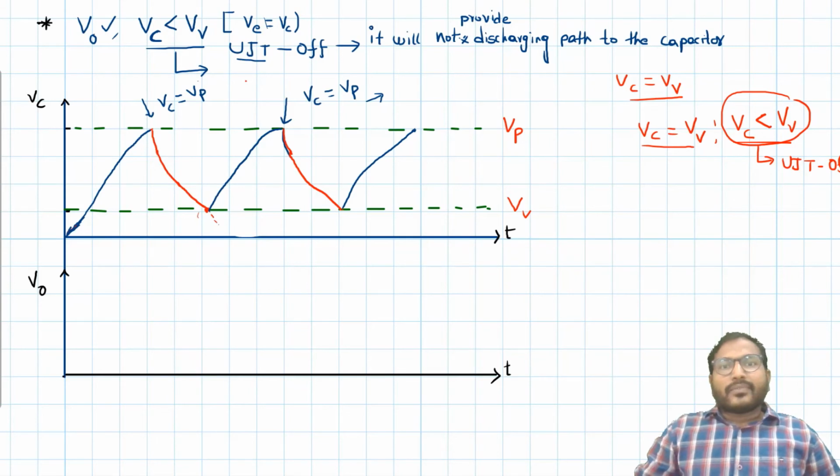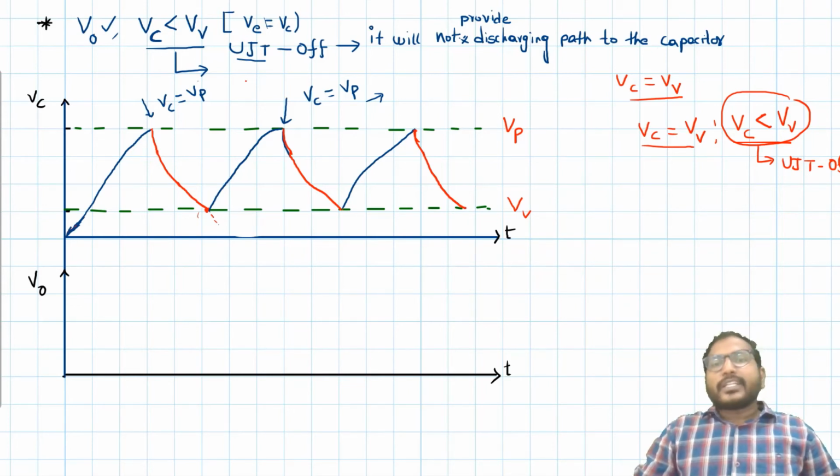So again when VC reaches VP, the UJT turns on and the capacitor starts discharging through the UJT. This is the charging and discharging process of a capacitor. When the capacitor is charging, a very important point, the time constant is τ1.